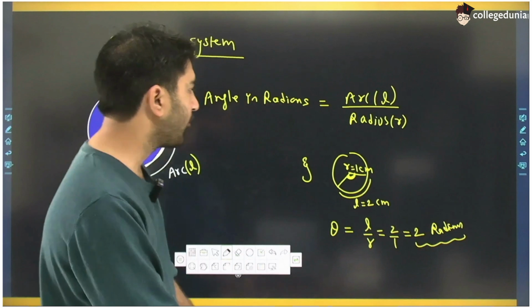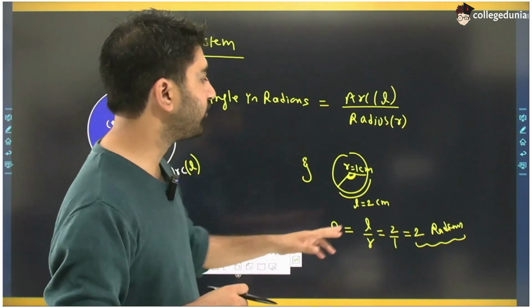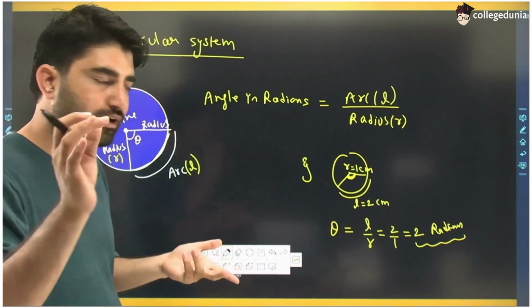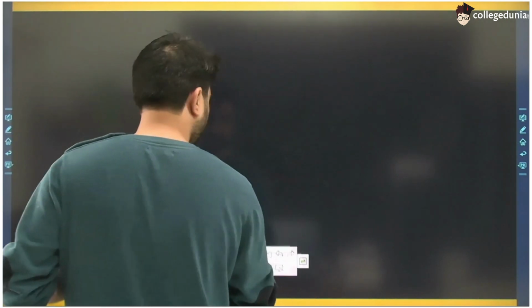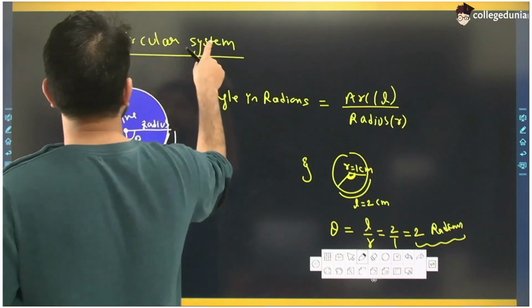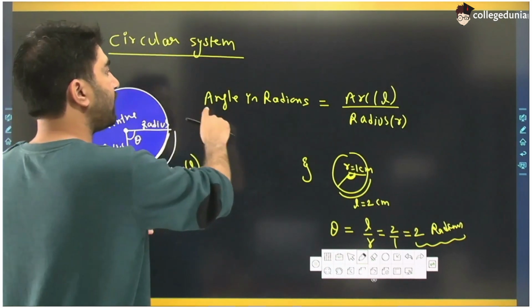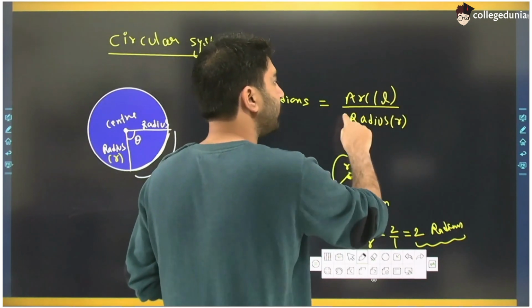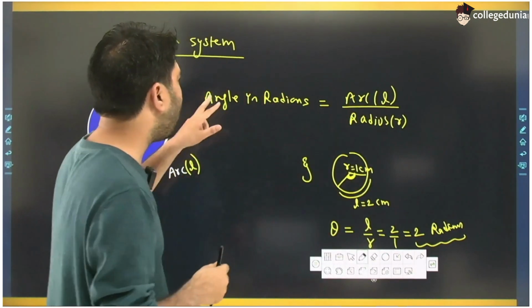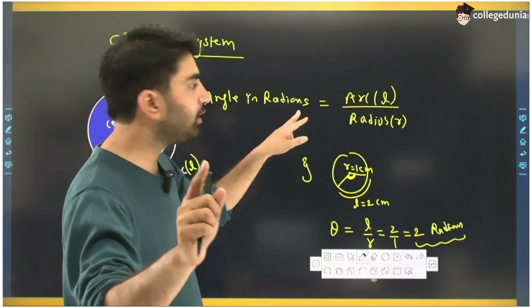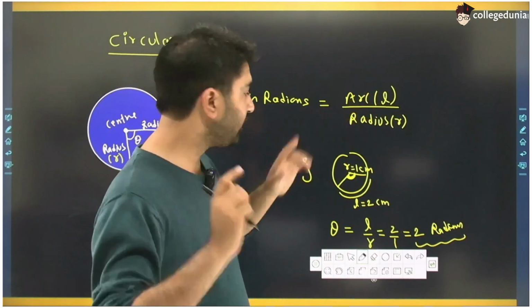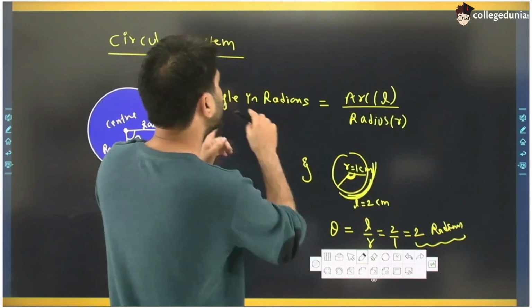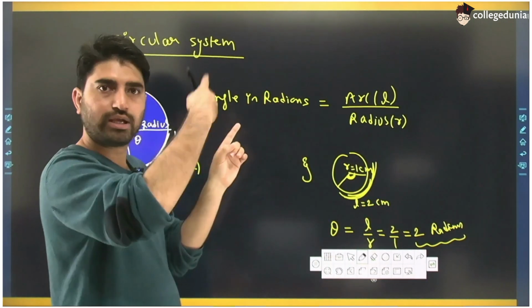Okay, so suppose I want to convert this 2 radian angle in degree, so how do we do it? Let's just understand this. As I said, in the circular system, to measure an angle in radians, 2 things are required. The first one is arc and the second one is radius. The angle in radians is directly proportional to arc. It means if arc is increased, then angle in radians will be increased.